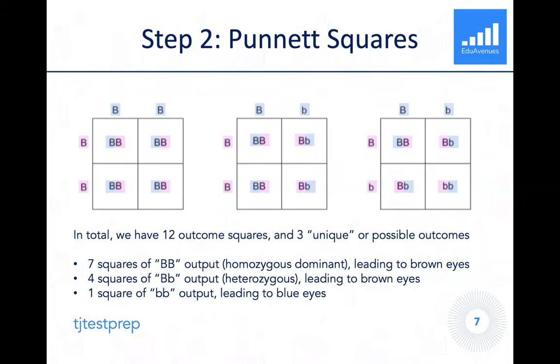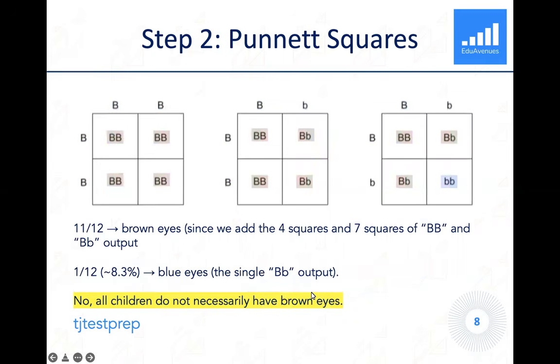We have 4 squares of uppercase B, lowercase b output. Those are heterozygous, leading to brown eyes as well, because the dominant trait, the uppercase B, would display. And we have 1 square of lowercase b, leading to blue eyes. And that's the critical point there. That's something that we have to keep in mind moving forward, that we do have this one child with the possibility of blue eyes.